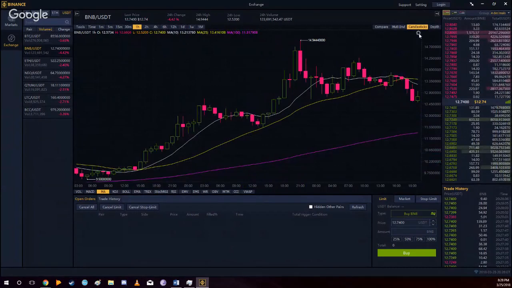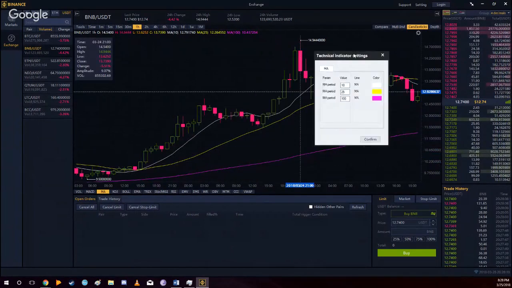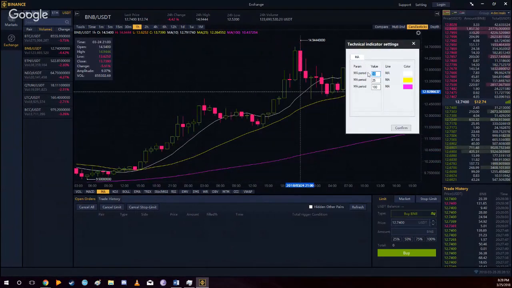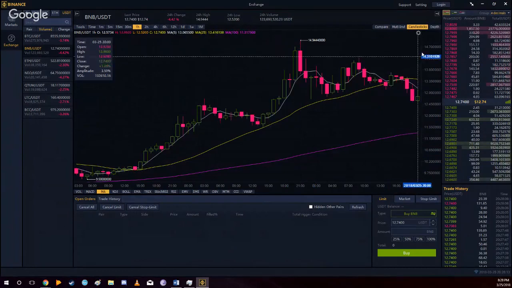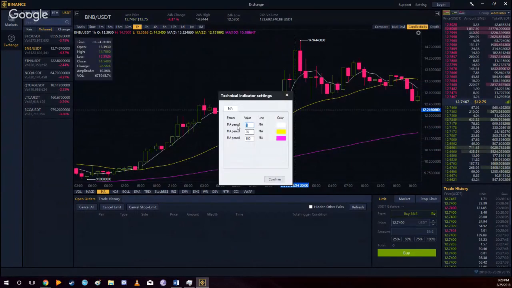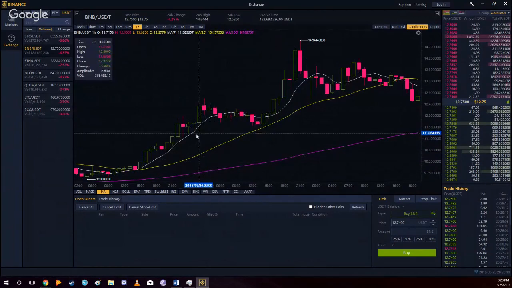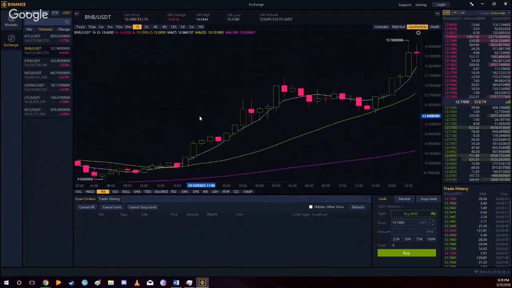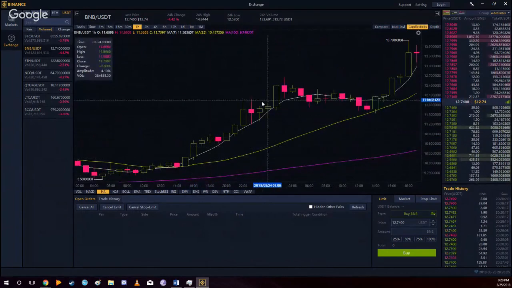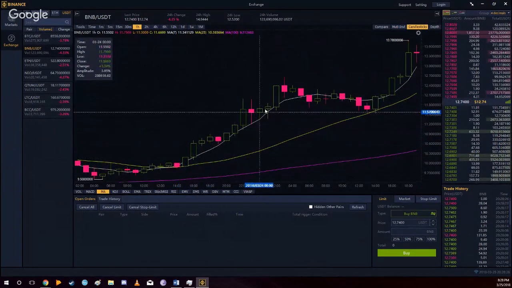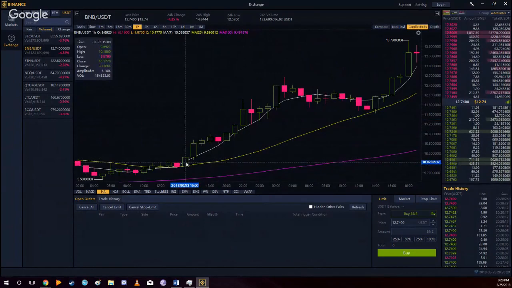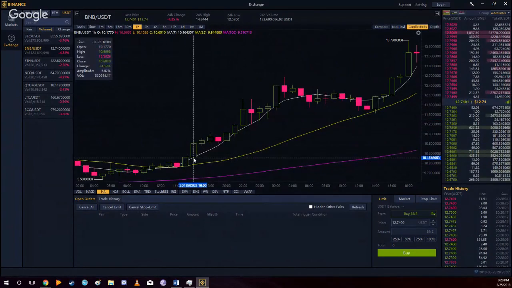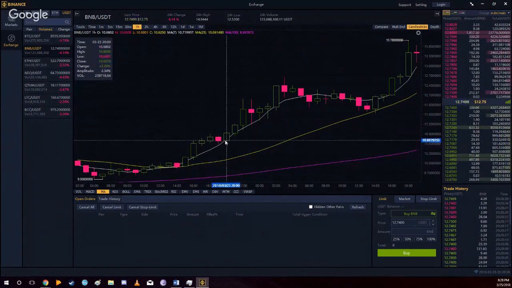But if we try to get another MA, not 10, let's put in 5 maybe. Okay, 5 was too little. Let's put 7. If you see the moving average of the last 7 candles for this time period, almost every time it touches the moving average 7.